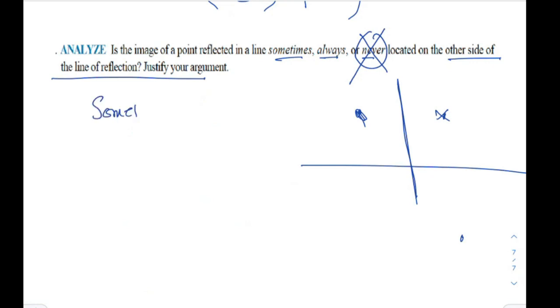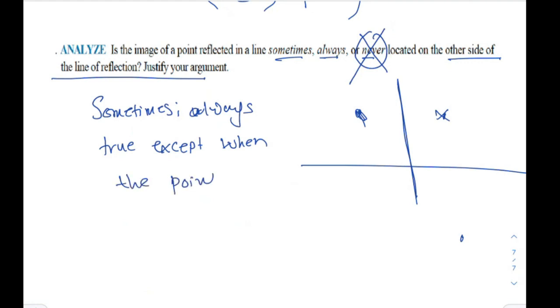So we say sometimes, except, it's always true, except when the point is on the line of reflection.